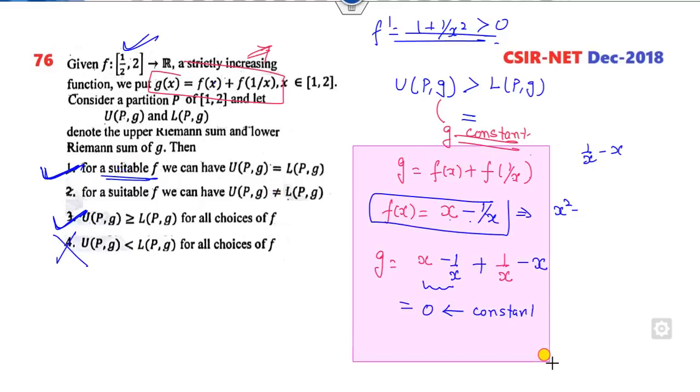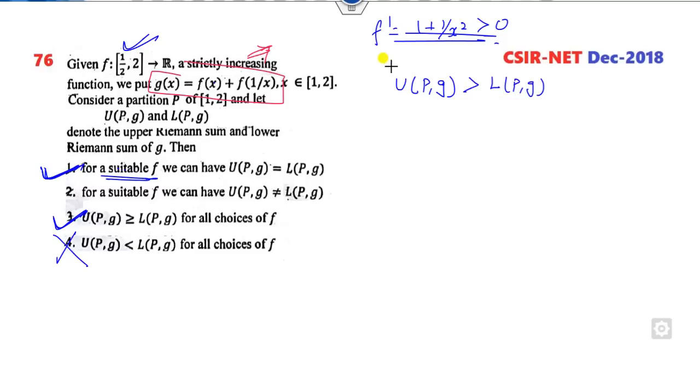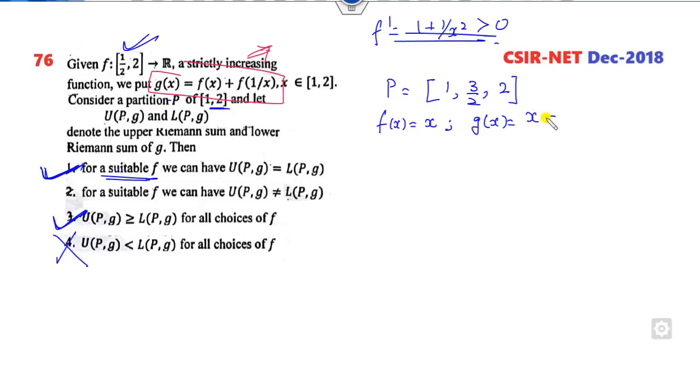So again, how can you check for the not-equal case? We can take a partition. P is a partition of [1, 2], and I can simply take the partition as the midpoint. And f(x) I can simply take as x, so g will be x plus 1/x.